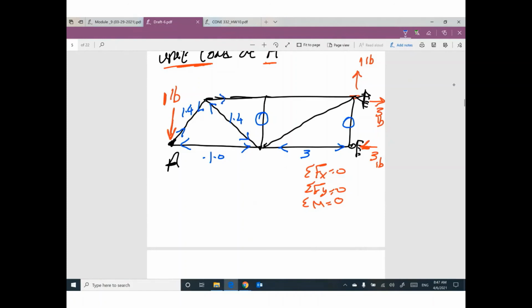I think this one will be tension 2, tension 2. I think this one will be 2.8, compression 2.8.